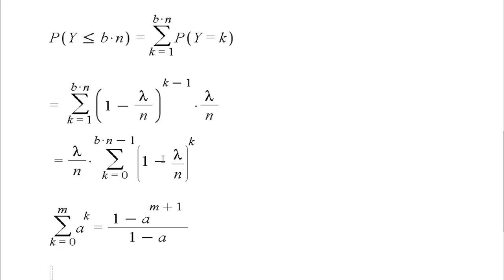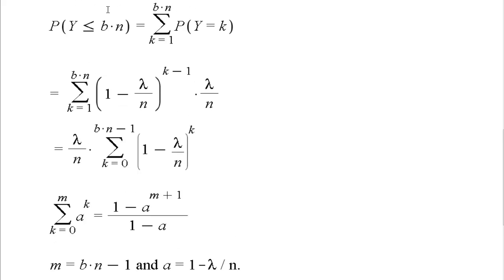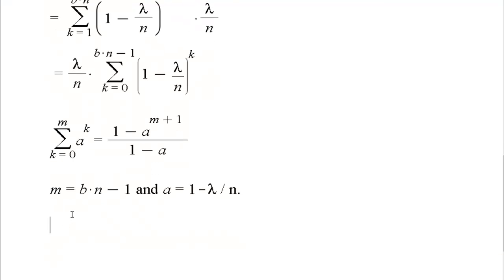Now in this case, m is b times n minus 1, and a is 1 minus lambda divided by n. So this probability that Y is no larger than b times n is equal to, I'm going to take my lambda over n out front and paste that down here.